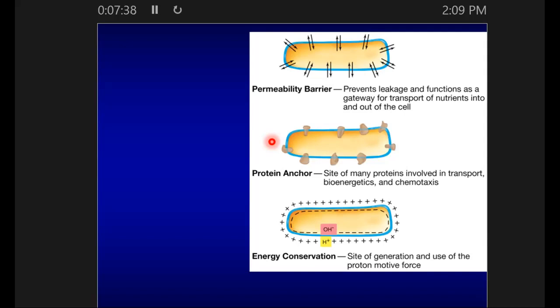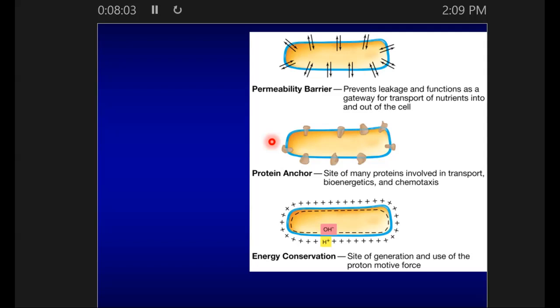And so the cell membrane of microbes, the bacteria and the archaea, really are incredibly important because they stick a lot of the other functions that we do, like in our mitochondria or in our endoplasmic reticulum or whatever. So they have to stick the proteins needed for making ATP.